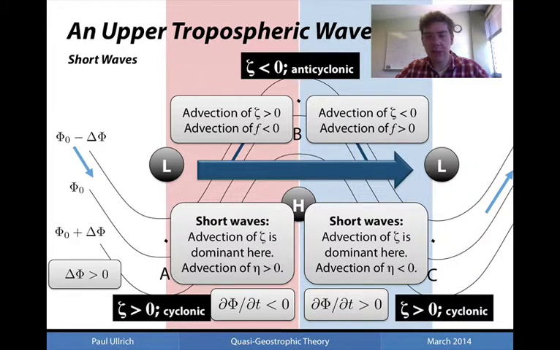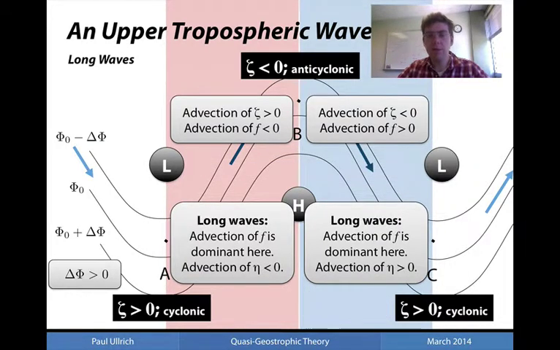That is, we're going to see in the red region that there is a decreasing geopotential, and hence the location of that low will tend to shift eastwards following the wave. Analogously, in the blue region, you're going to see a positive tendency of the geopotential. Geopotential is then increasing in the blue region, and so the local high will then tend to propagate eastwards as well.